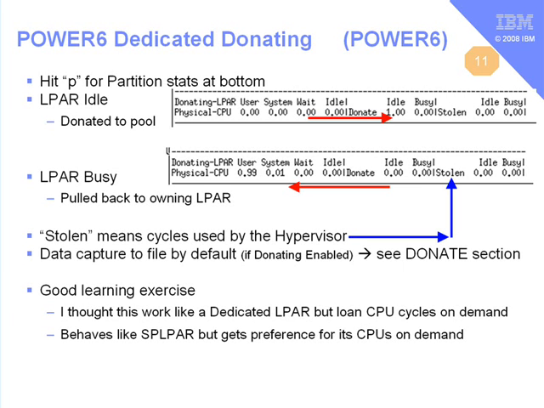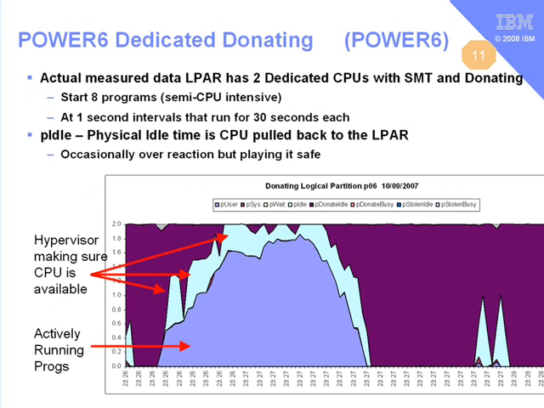Now we actually captured this data and ran through a peak in the workload to monitor this bringing back of the CPU power into the dedicated donating logical partition. And we can see here that as we go through our peak that we generated via fake workloads, the hypervisor is bringing back proactively more CPU time than you actually need to run our logical partition, and releasing the CPUs slowly as we get over this peak.